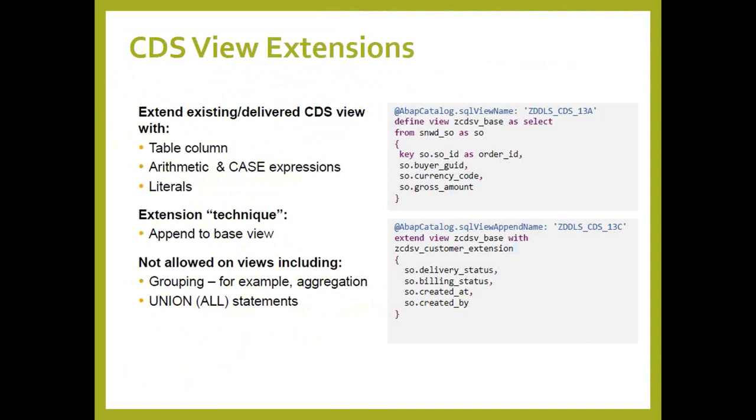Suppose I want to extend an existing CDS view, like BSID, and I want some more fields. We can extend, and in the extension we can add the fields. So whenever you run it along with the main table, this data will also be run. Clear?